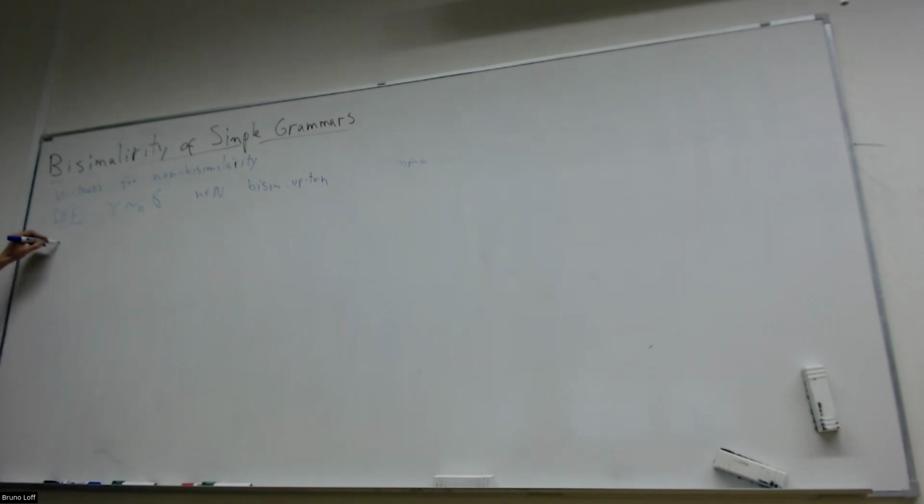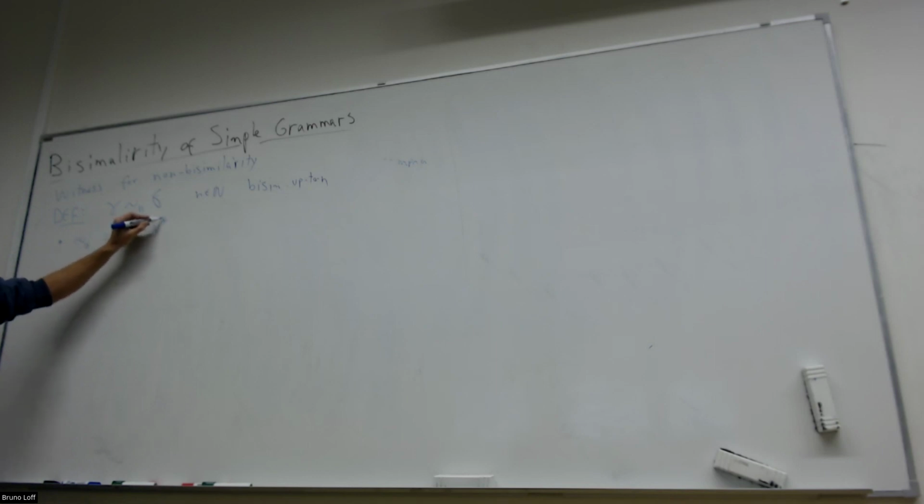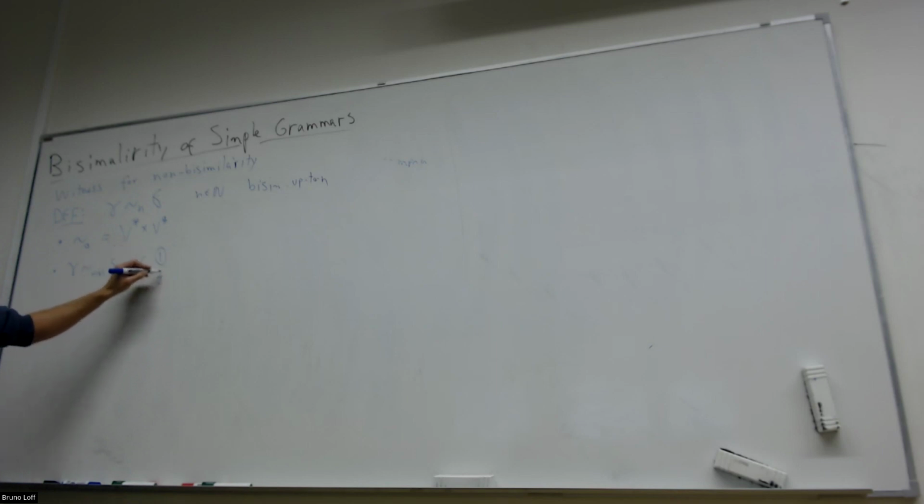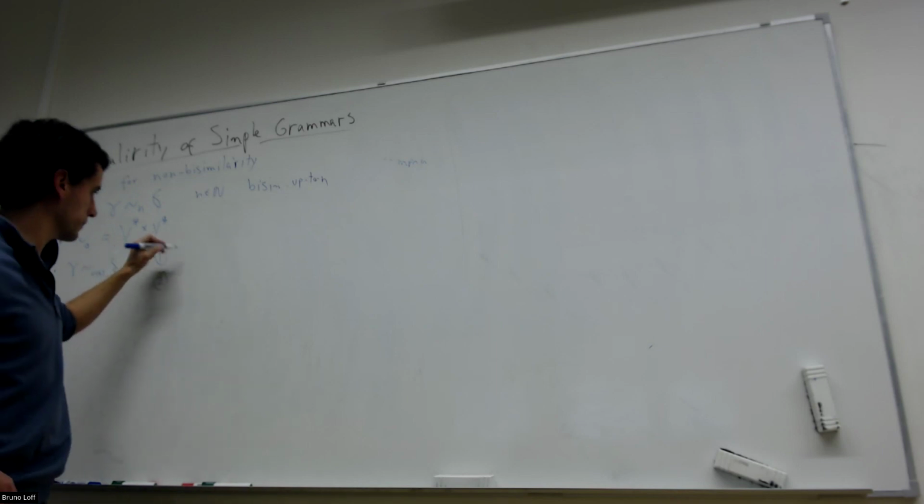So formally, the way you do it is you define bisimilarity up to 0 as the whole set. So any two words are always bisimilar up to 0. And then you say that two words are bisimilar up to n plus 1 if you have the same two properties, the zig and the zag.